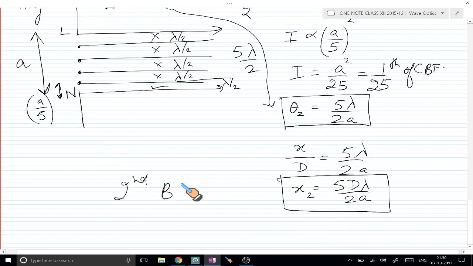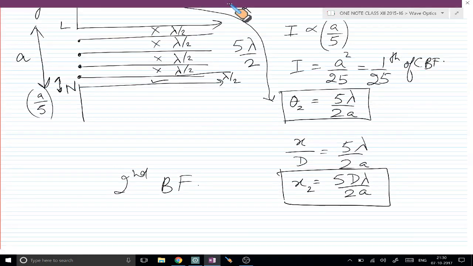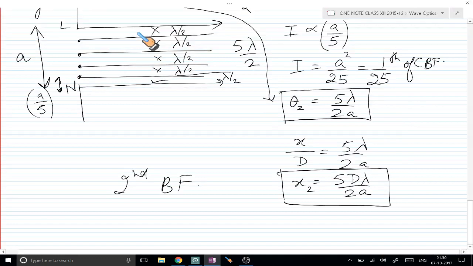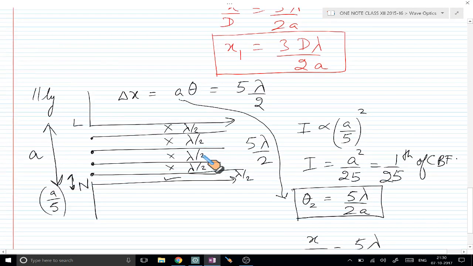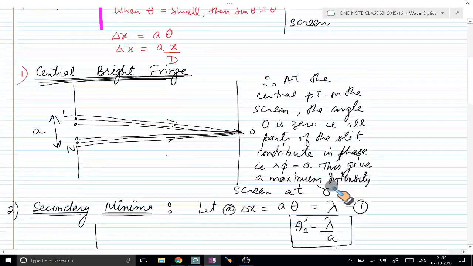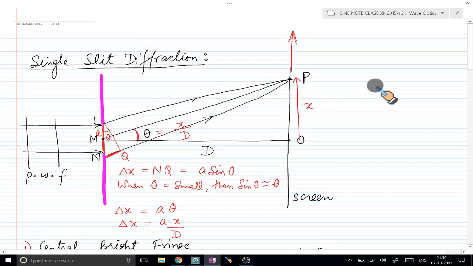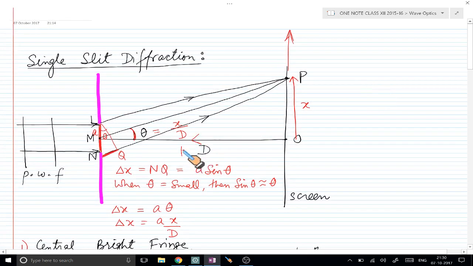If we plot all these in our diagram, what we obtain is, see, what we have is over here. Now if we plot x versus intensity, the intensity comes out to be something like this.